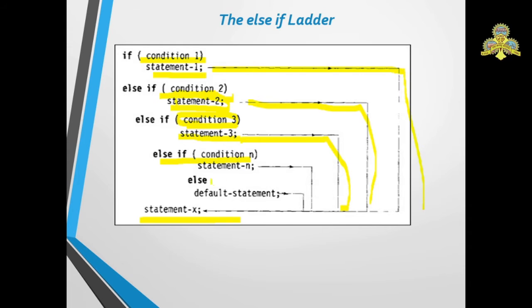If condition n becomes true, then statement n will be executed and the control is transferred to statement X. Otherwise, if condition n becomes false, then its associated else part will be executed. That is, it will execute the default statement and finally the control is transferred to statement X.